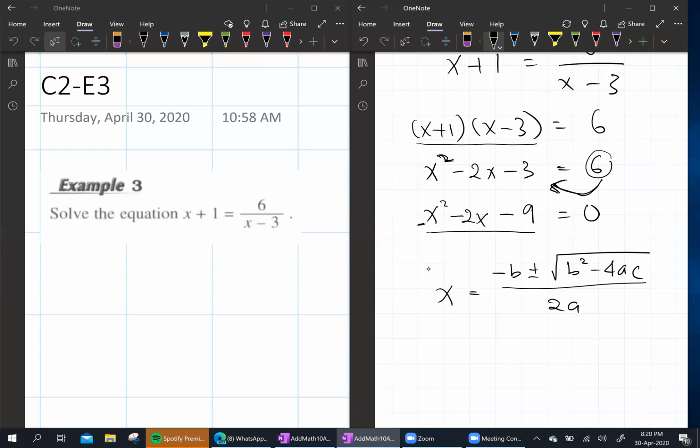Uh-huh. Cannot factorize, isn't it? Yes, so you have to use this formula. Okay, then I try to do. You try and see.